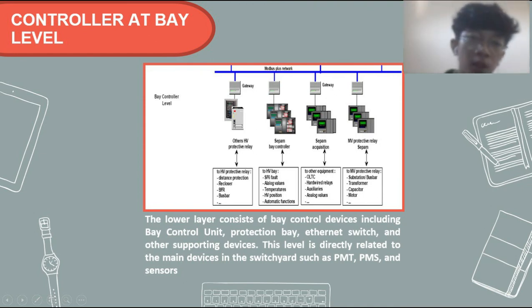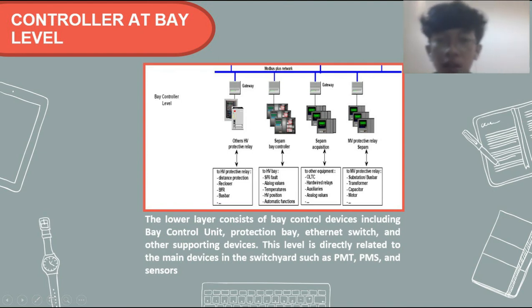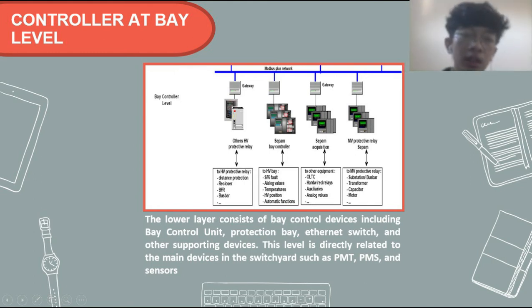Modem. Modem is an interface communication device between the RTU and the master station through data communication media such as PLC, fiber optic, pilot cable, and others. Modulator. The modulator functions to convert digital signal into analog signal. And demodulator.